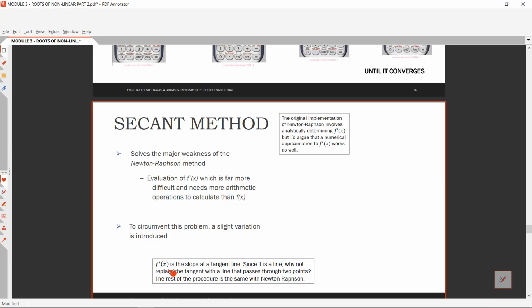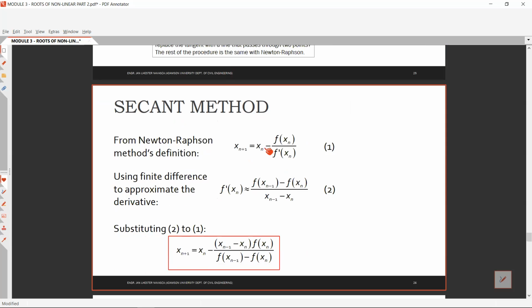Okay? So yung f prime of x is the slope of a tangent line. Okay? Since it is a line, why not replace the tangent line with a line that passes through 2 points? Okay? So, kunwari, we all know, class, di ba? The derivative is change in y over change in x.